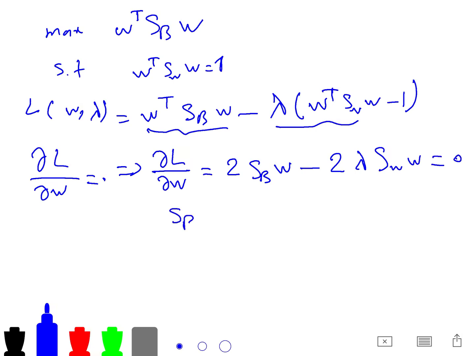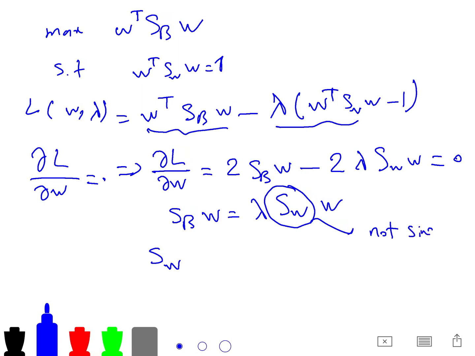You will notice that SB W is equal to lambda SW W, and if you assume that SW is not singular, so that we can invert it, then SW inverse SB W is equal to lambda W. So this is very easy because it's just an eigenvalue and eigenvector problem.